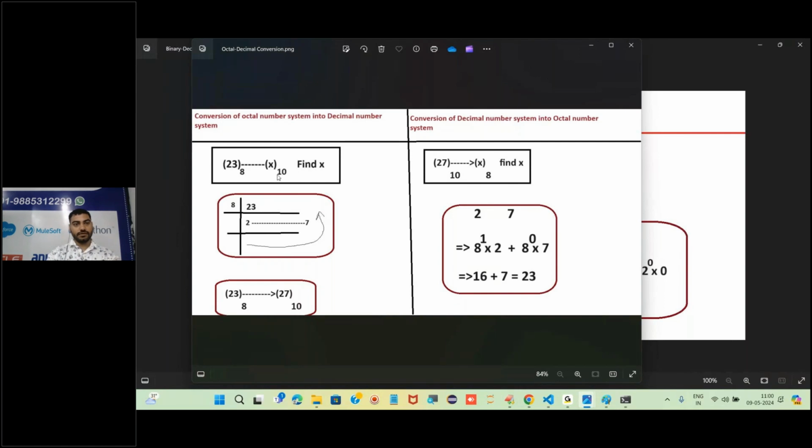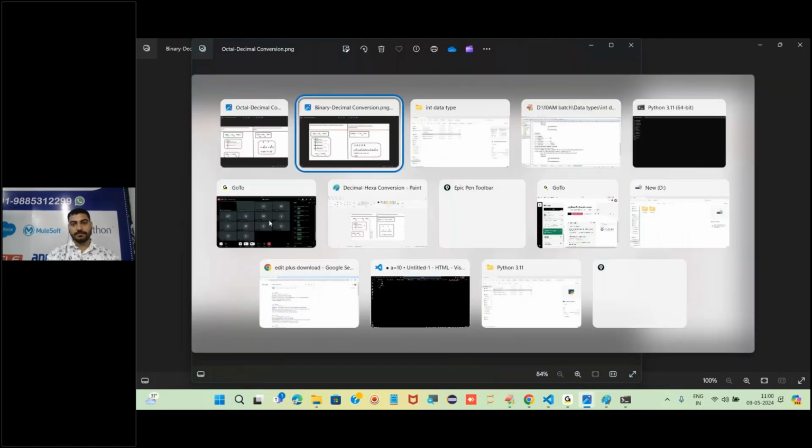So if you are taking 23 here, 23 is an octal number, right?